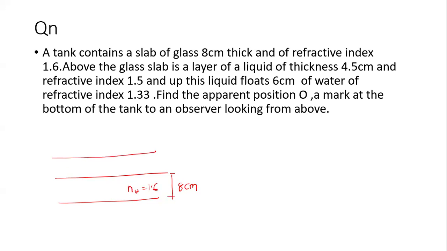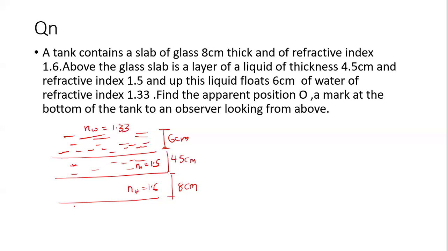Above this glass there is a liquid with thickness 4.5 centimeters and refractive index 1.5. On top of it there is another liquid at 6 centimeters with a refractive index of 1.33. The object is put at the bottom of the tank.